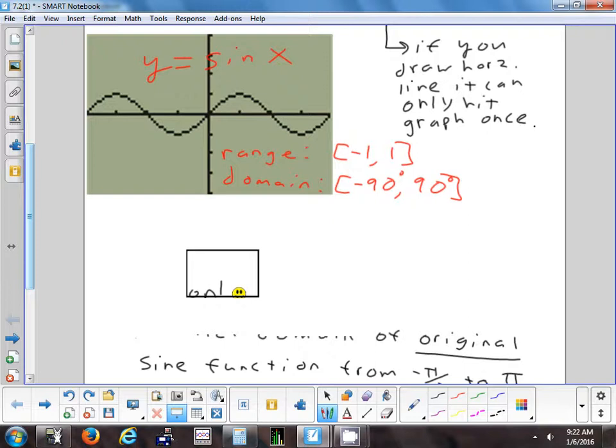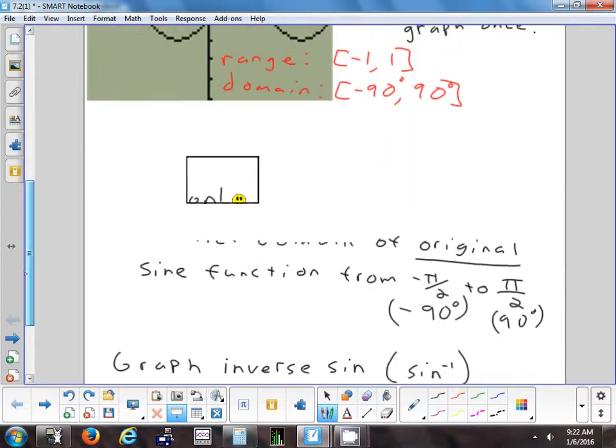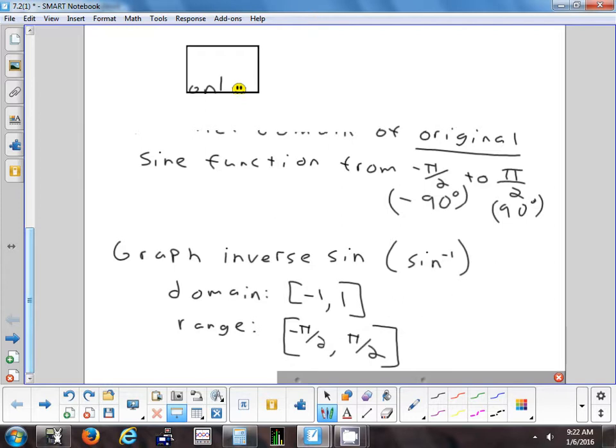What's the domain going to become now? The domain is going to turn into the range. They switch places. It's a little confusing to say. But now my range is negative 90 to 90, or if you're doing it in radians, negative pi over 2 to pi over 2.